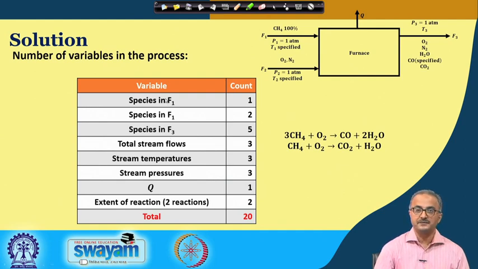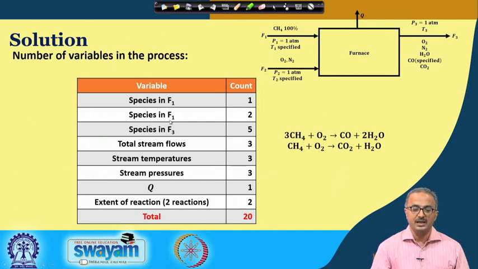Now first, as we learned, we have to first list out all the unknown variables. So here you can see that we have listed out the variables. Species in F1, and again I have shown for your reference this particular figure. Here we have only one species, so that is why we are counting only one.